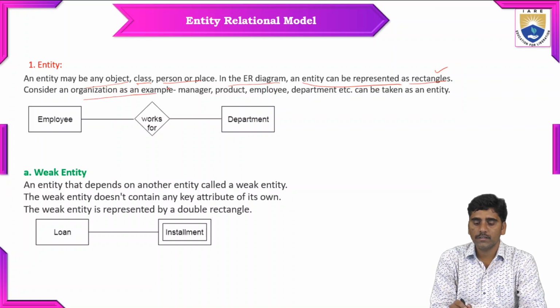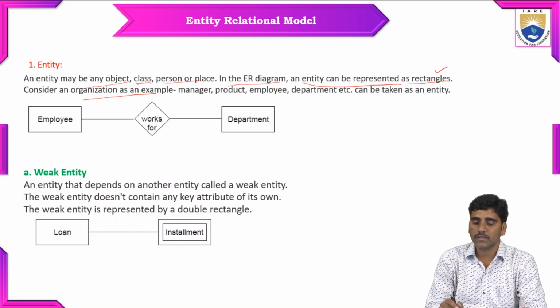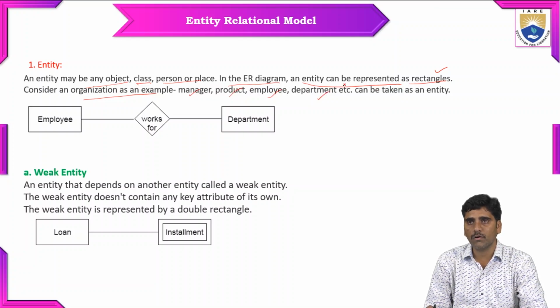Consider an organization as an example, which contains manager, product, employee, department. All these are treated as entities for the organization.